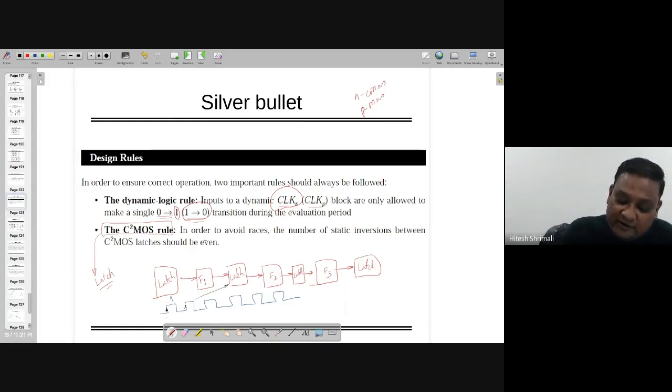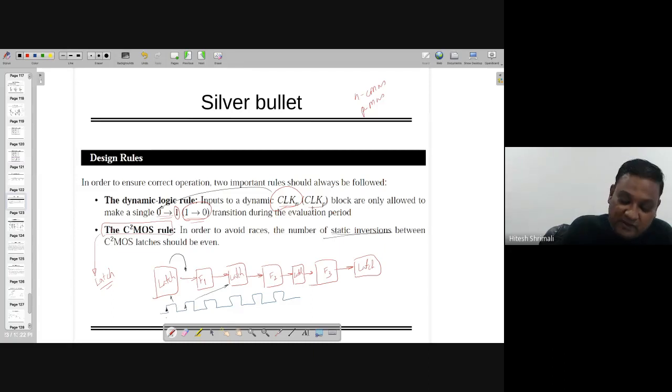So to avoid races, regarding the number of static inversions, after the latch you need to add different inverters, as we already know why we require it, right? If you are in clock N, and if there is no transition going from 0 to 1, it's better to add one inversion.